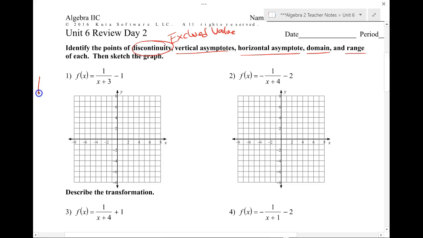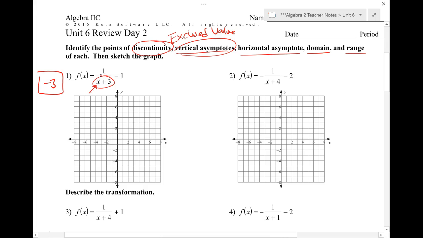Off to the side here, I'm going to figure out what will make this function undefined. If I plug in -3, that makes the denominator 0, and we can't have that. So that is our point of discontinuity, -3. Now the next thing, vertical asymptote. We find that by looking at the denominator of our rational, and we do the same thing.